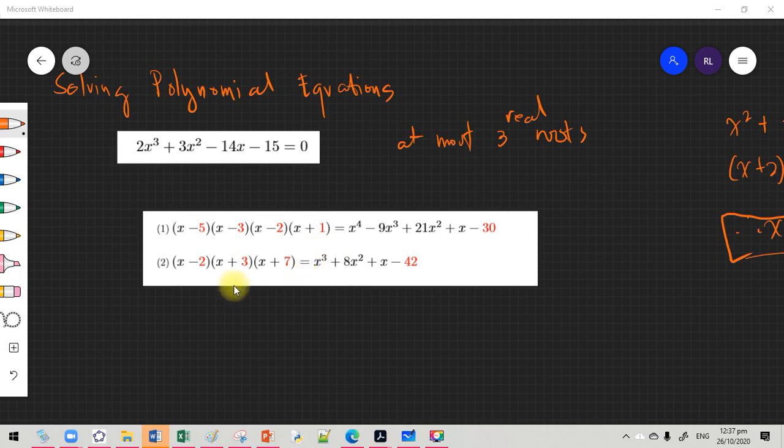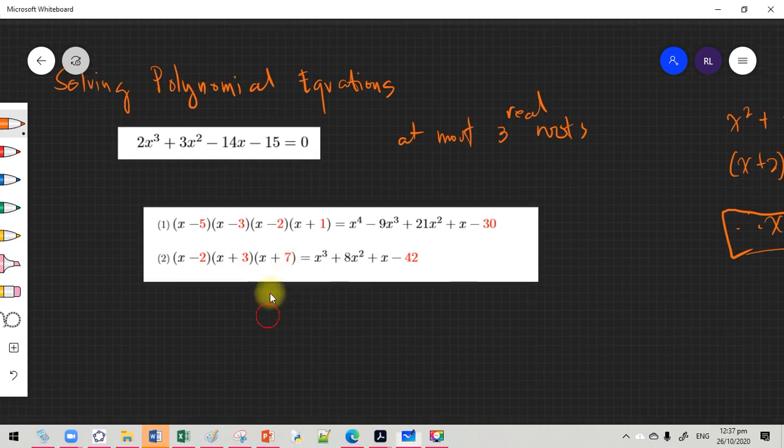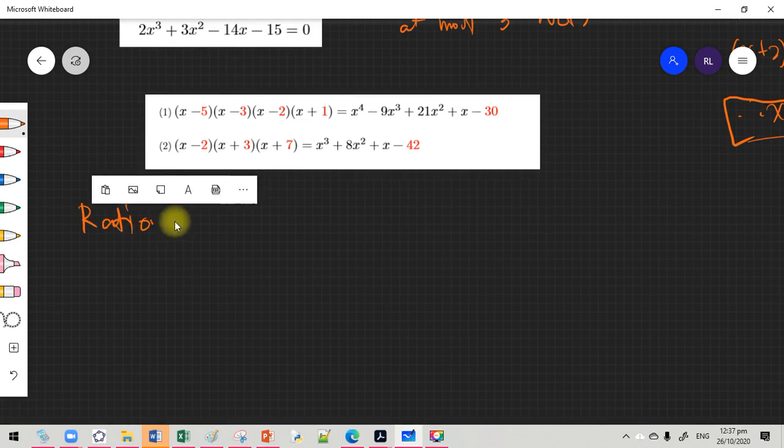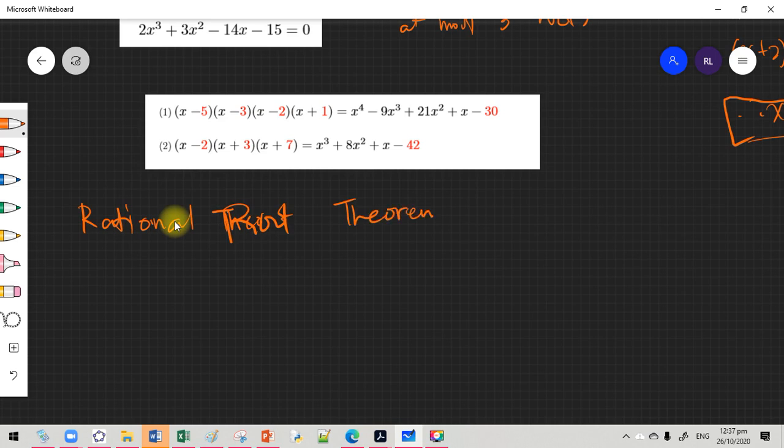The same with the second one, you can see 42, and that is 2 times 3 times 7. This leads to the idea of the rational root theorem.